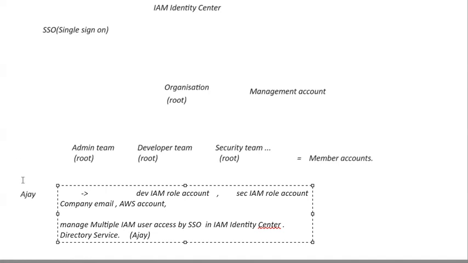If he logs in with the company email, how can he sign on? He can access the AWS account. How does AWS identify or authorize and give AWS access to this Ajay user? By using the directory service, he can access it. After that, how is he authenticated for accessing the services present in AWS?